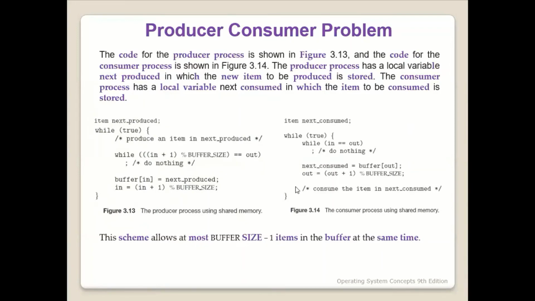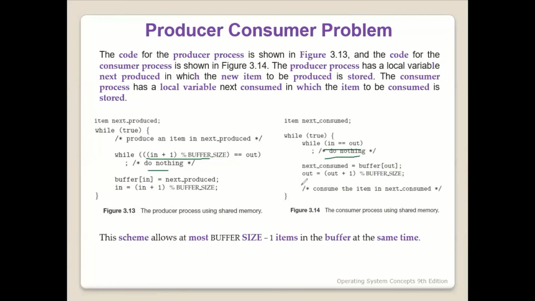This is the method. For the producer, it checks: is the buffer full? Then do nothing. Do you get the idea? For the consumer, is the buffer empty? Then you don't have to do anything.